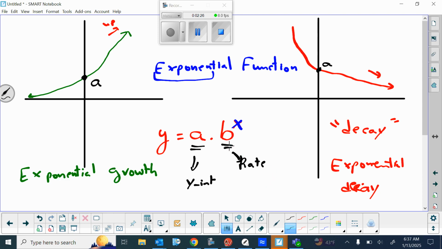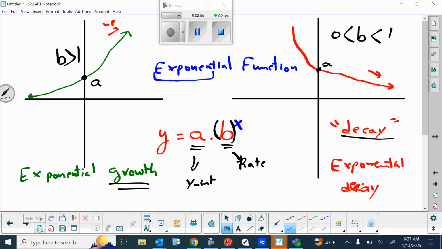If b is more than 1, you have growth. If this value that carries the x is more than 1, that's growth. If b is a number between 0 and 1, then you have a decay. So if your rate is between 0 and 1, that's a decay. If your rate is greater than 1, that's growth.